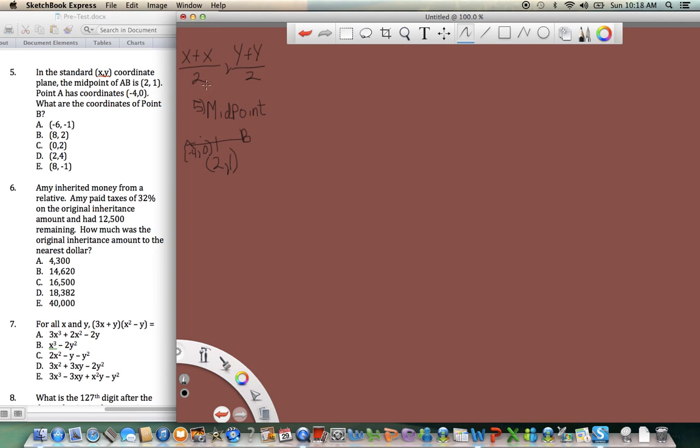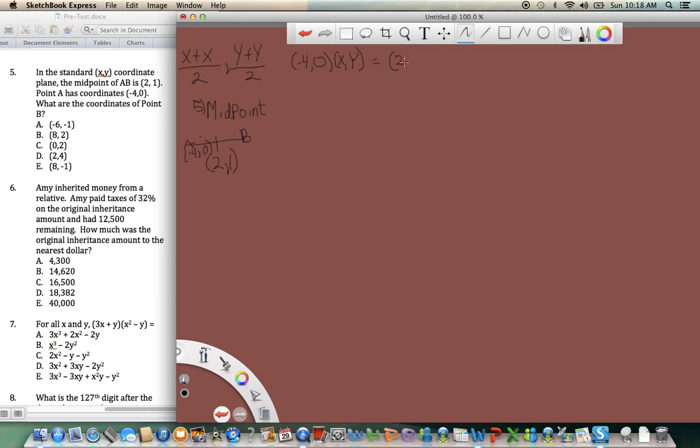Well, using this formula over here, we know that one of our x's is -4 and 0. What we don't know is our next x and our next y. So we'll just fill in x and y for the unknowns there, because we don't know the next x and we don't know the next y of point B. But we do know that their midpoint is 2, 1.